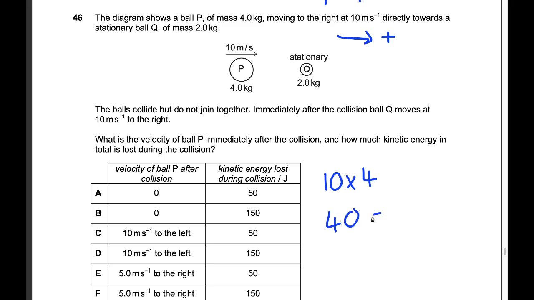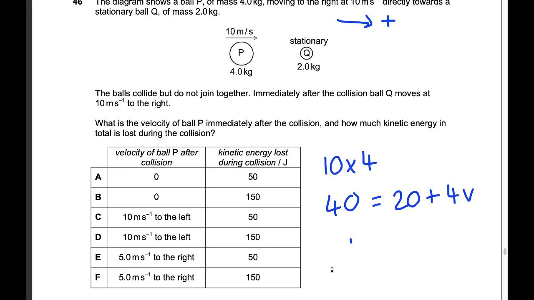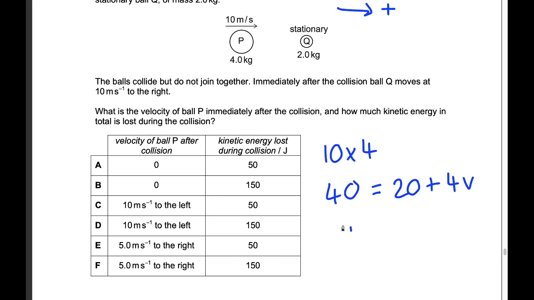And that's got to be equal to the ball Q will move 10 meters per second to the right, so that's going to be 20, and my ball P still has a mass of 4 kilograms, just times a new velocity that I'm just going to call V. So I can work out this new velocity by taking away 20 on both sides and then dividing by 4. So that will give me a velocity of 5, still going to be moving to the right. Okay, so 5 to the right.